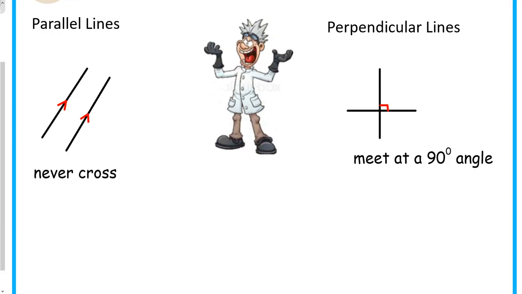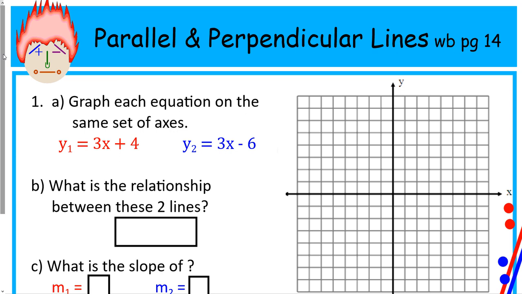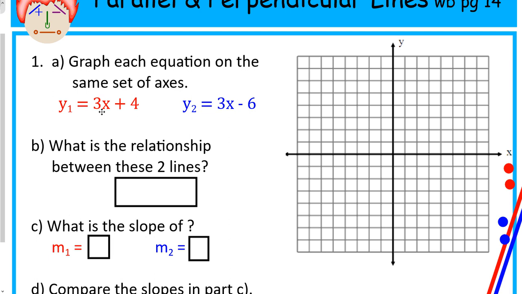Okay? So let's go through some of the examples. We're on page 14 of your notes. For the first question, you're asked to graph these two equations. To graph y equals 3x plus 4, start by graphing the y-intercept first. On the y-axis, put your dot on 4.